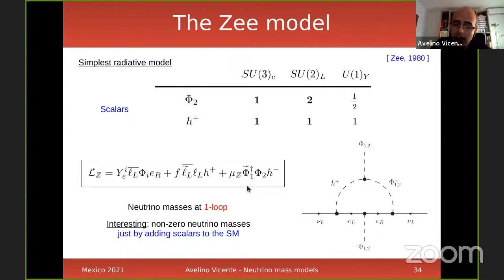And it is very interesting that you have neutrino masses already at the one loop order without adding any fermion. You just add scalars. So this is a very interesting model for its economy, and also because it shows that the standard model scalar sector is actually very simple, very economical. As soon as you introduce a few additional scalars, you break lepton number, you induce Majorana mass terms for the neutrinos.